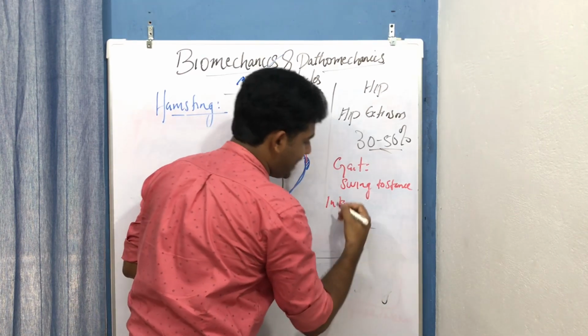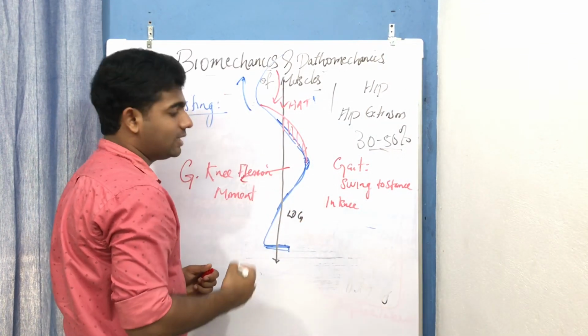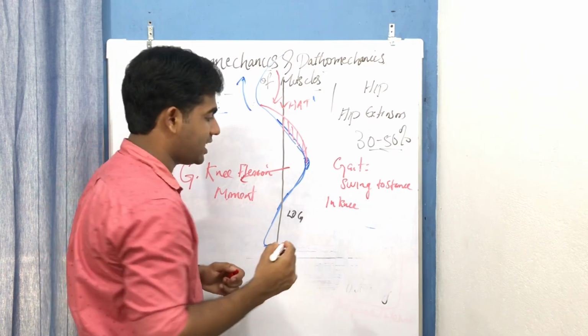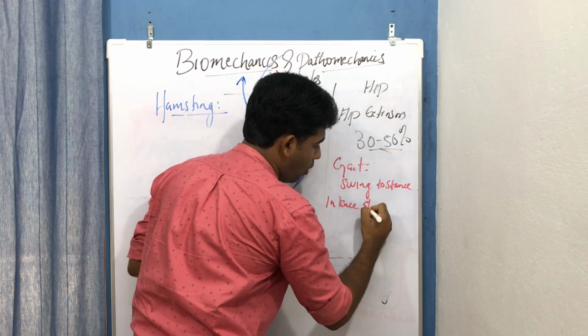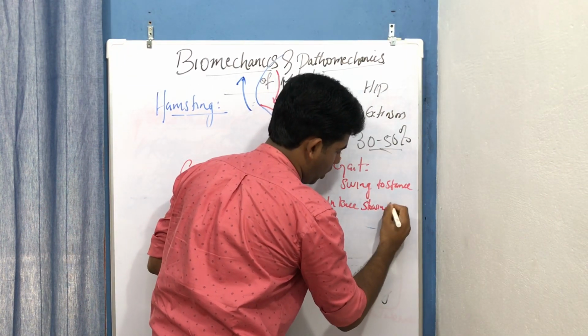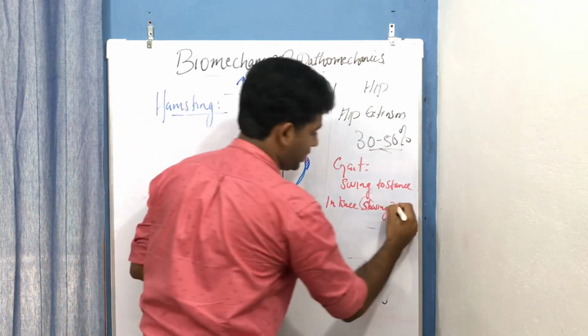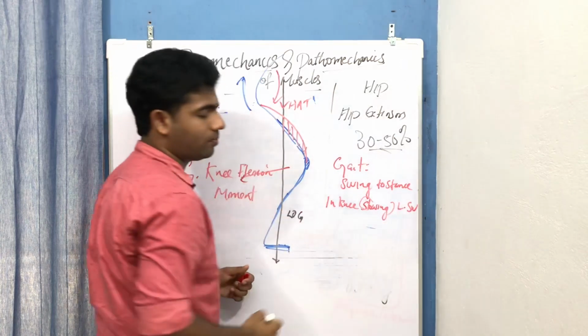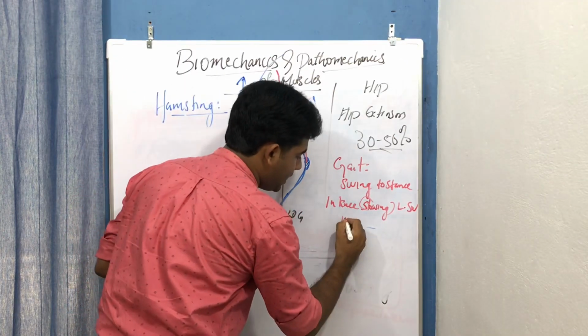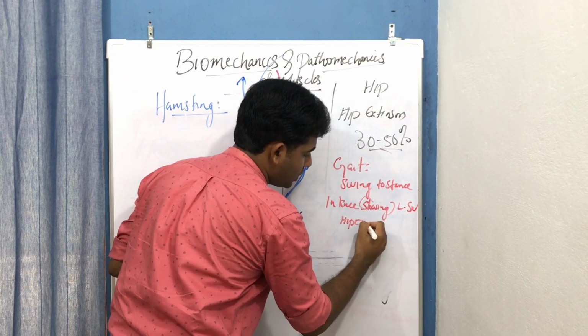They help in decreasing the knee extension, or slowing the knee extension, decelerating knee extension in late swing phase, and in hip extension in stance phase.